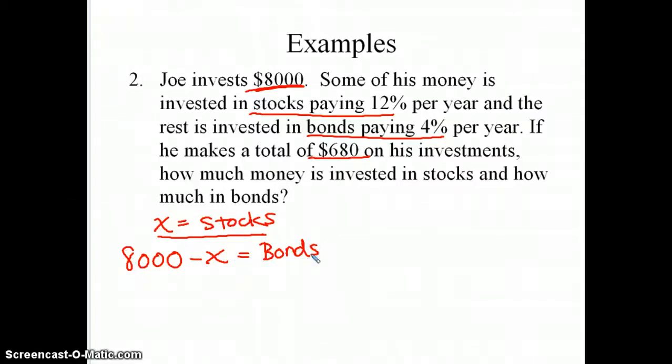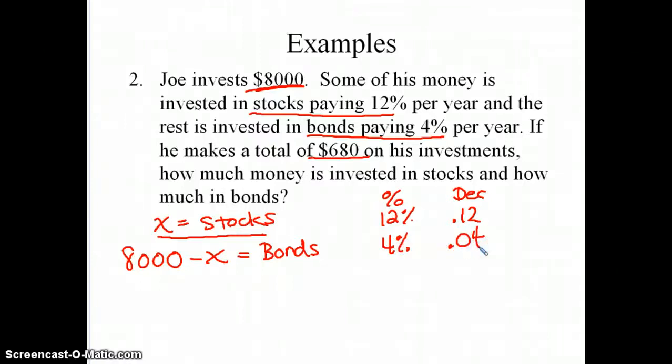Now, I understand that the stocks and bonds have a percentage. So I'm going to make a little table to help me keep this organized. My stocks is at 12%. Written as a decimal, that's 0.12. The bonds invested at 4%. That is a decimal of 0.04.